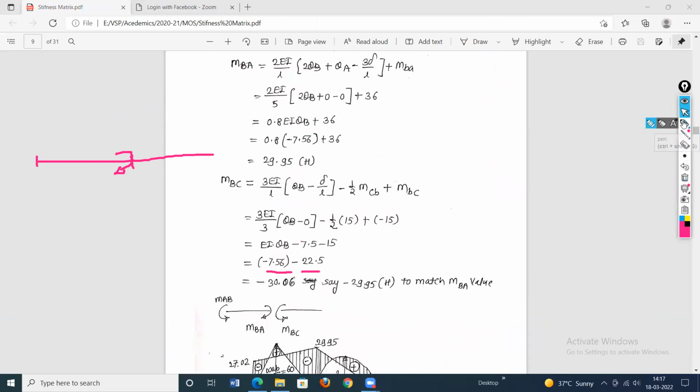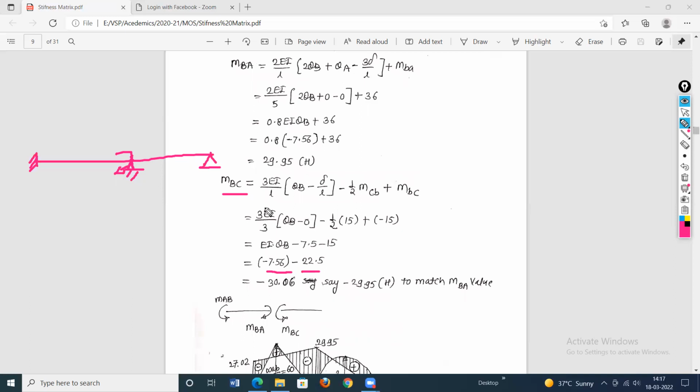Then again, take the next span, B to C. So this is a fixed support, this is a continuous support here, and this is an end support. Now write a slope deflection equation for span BC.